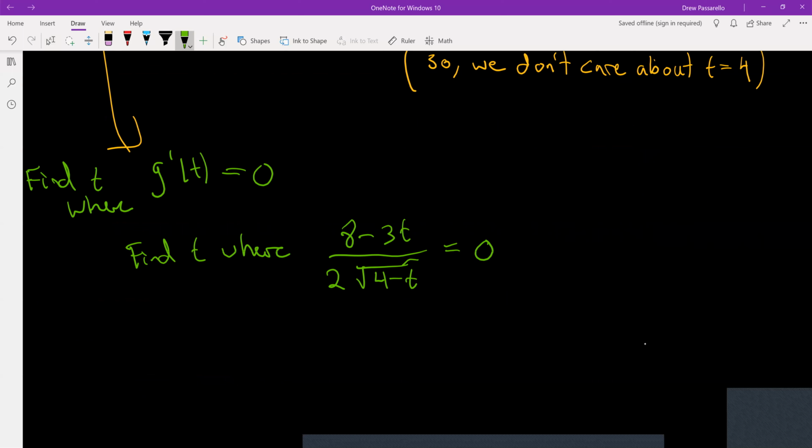Now, if we want this to equal 0, the only time it can be equal to 0 is when we have 0 divided by some number in the denominator, where this number is not 0. And since the number in the denominator is not 0, it's only the number in the numerator that matters.